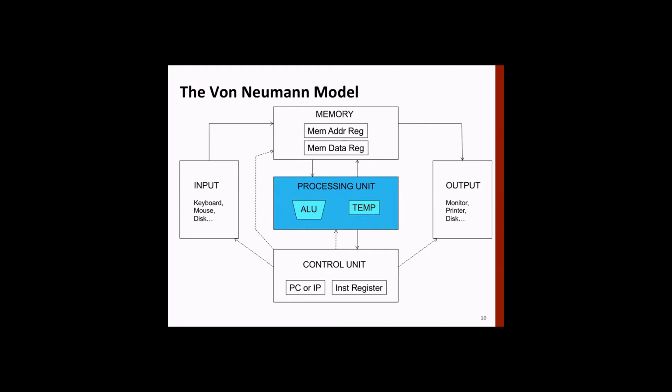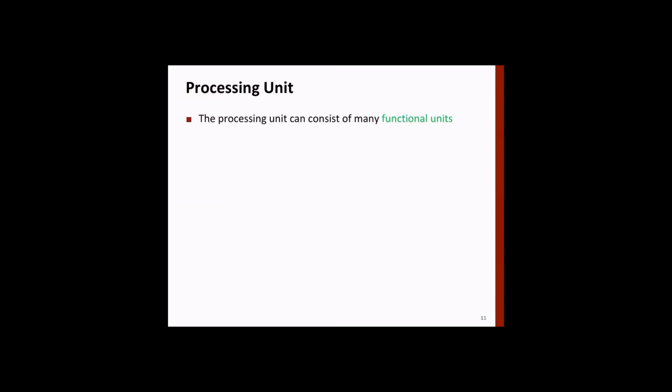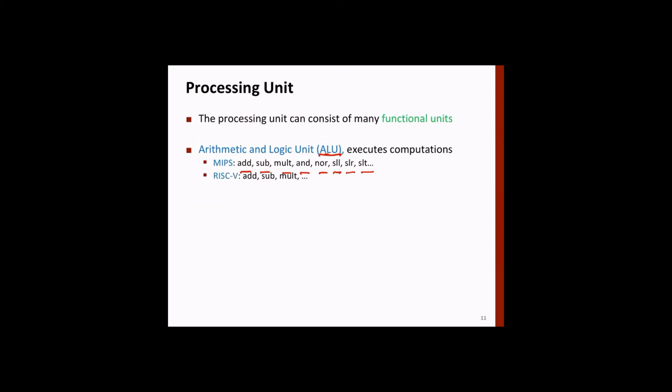The processing unit consists of functional units, the main one here being the ALU, which can perform add, subtract, multiply, and, or, shift left, shift right, and set if less than instructions.